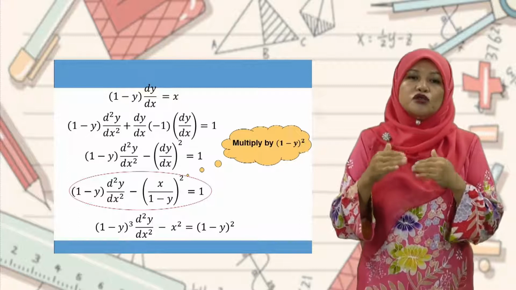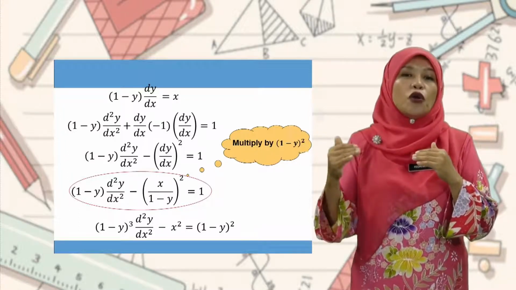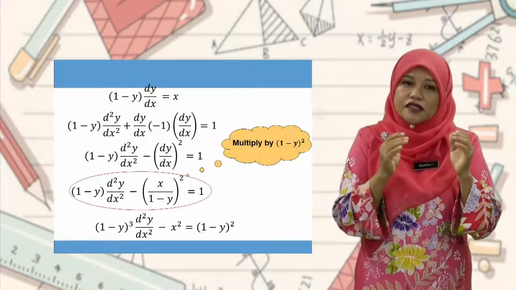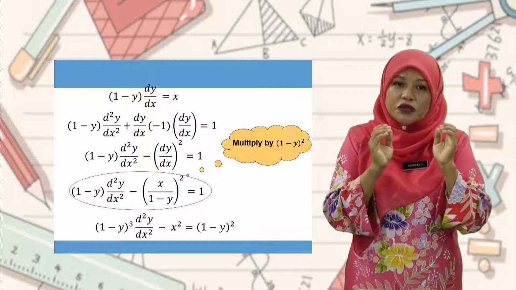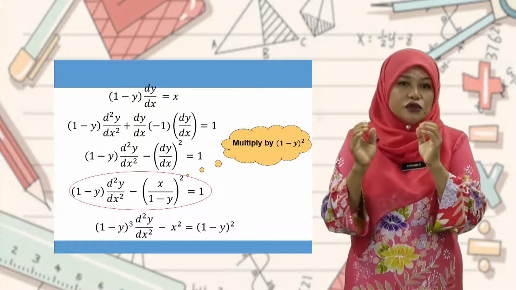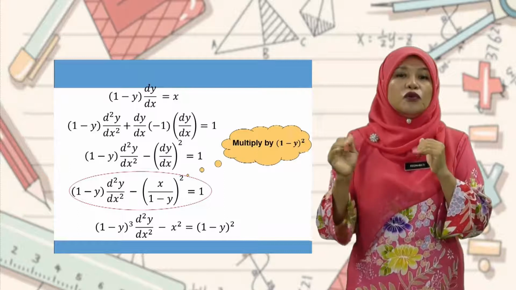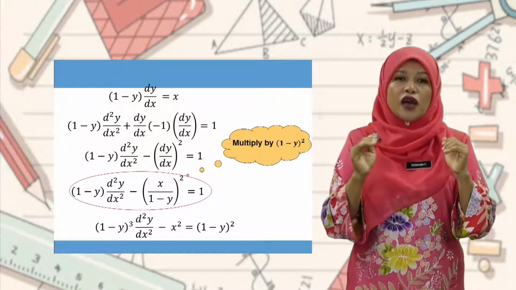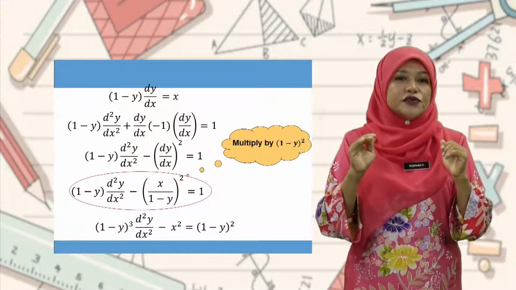So now we want to differentiate once more so that we will have the second order, which is d2y/dx squared. Since here it is a product of (1 minus y) multiplied with dy/dx, so these two is a product. So we must use the product rule, where 1 minus y is treated as u, dy/dx is treated as v.